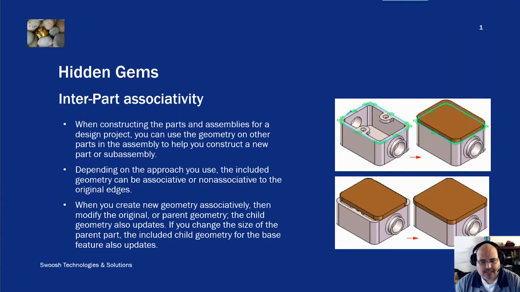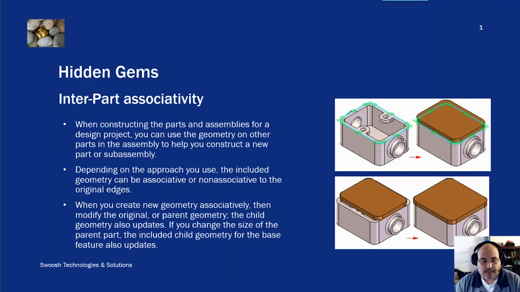Or you can actually have one part drive another within the context of a part or within the context of an assembly. The way I'm going to show it is where you have an assembly and you're doing a sort of top-down type of design work.